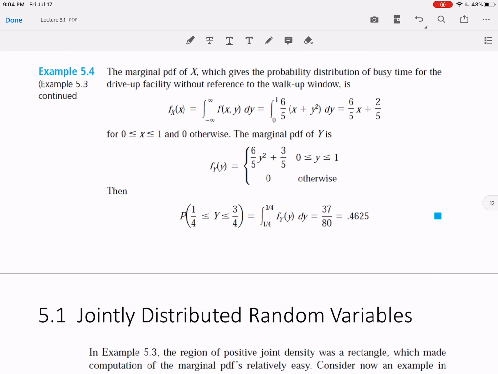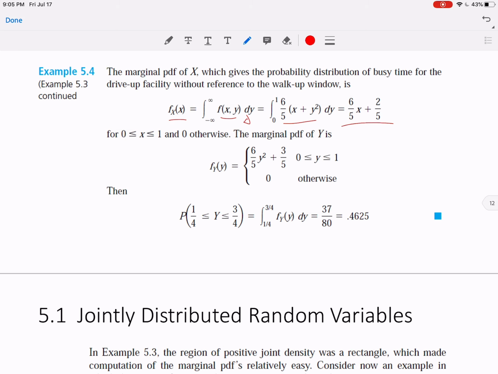Now let's take a look at the answer over here. It's the same thing as what we got above. If you want to find the marginal PDF of x, you just need to integrate the joint PDF over y. Since the interval of y in this case is from 0 to 1, it's going to be integration from 0 to 1 of the joint PDF, 6 over 5 times (x plus y squared).